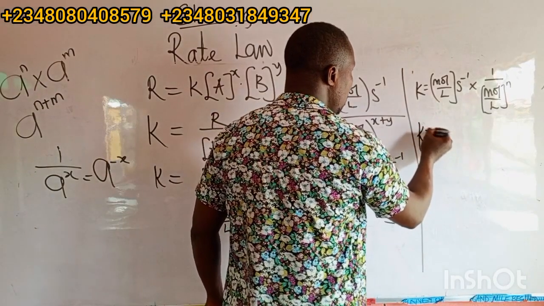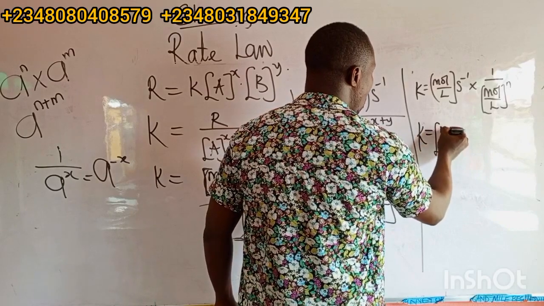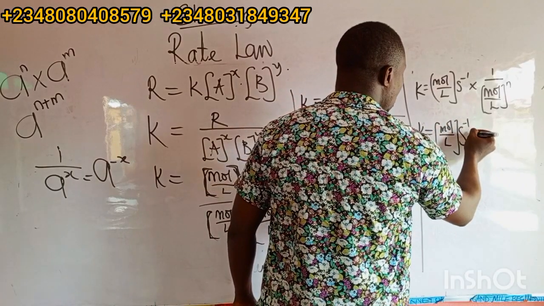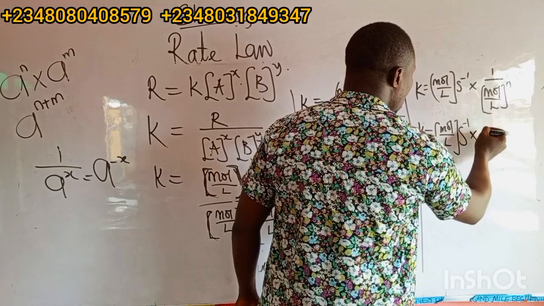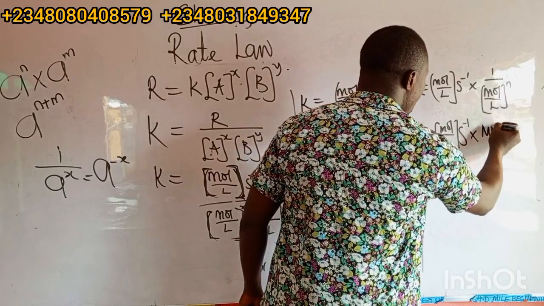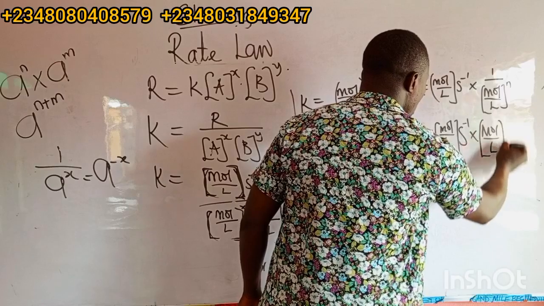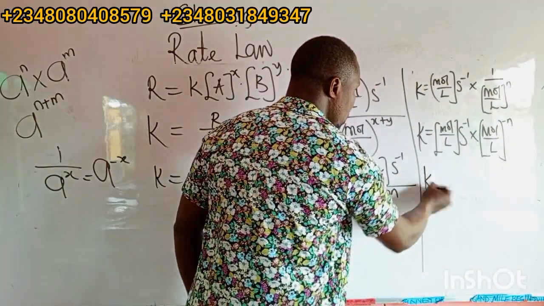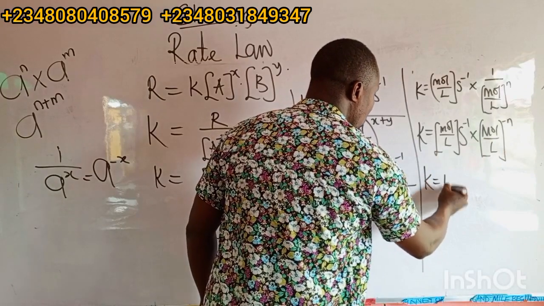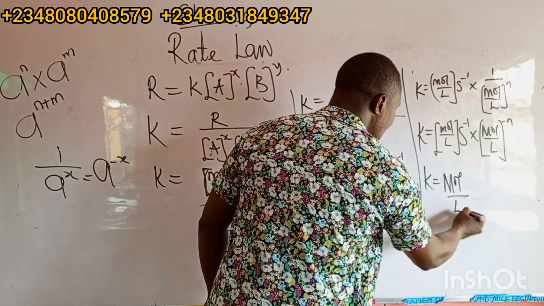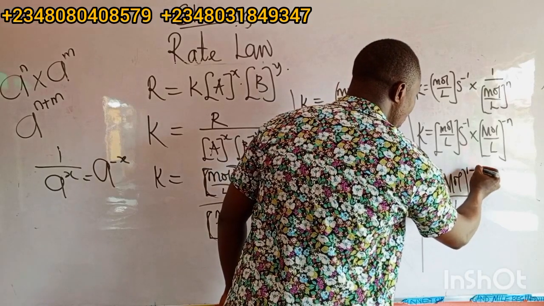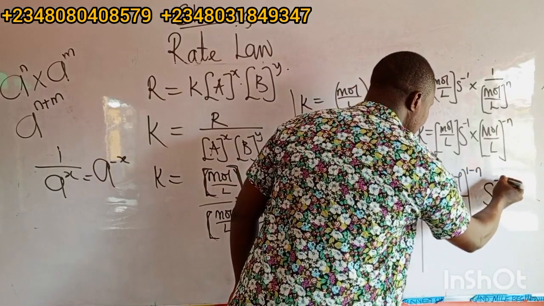We have K equal to mole per liter per second times mole per liter raised to power minus n. Then, with the same base, K is equal to mole per liter raised to power 1 minus n per second.